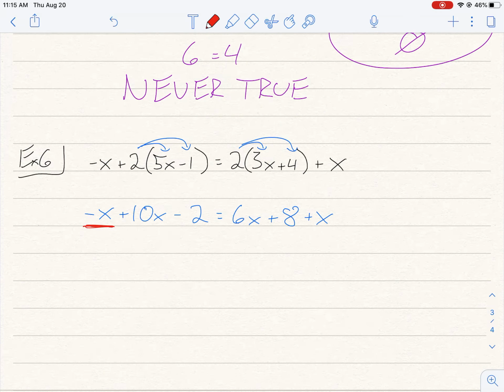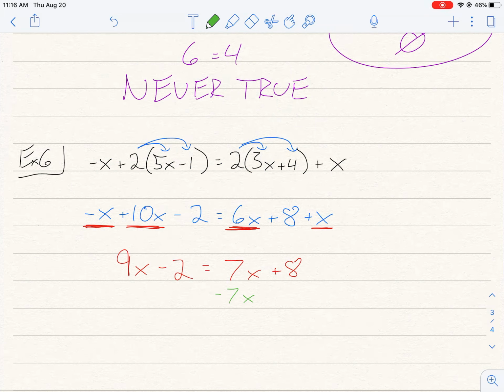Combine your like terms. You've got this negative x and this 10x here. So that gives you a 9x minus 2 over there. And then you've got 6x and 1x. That gives you 7x plus 8.